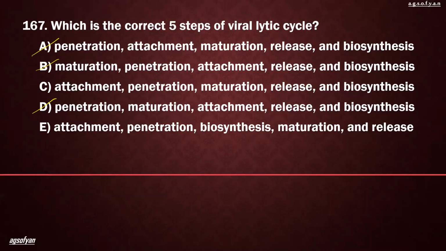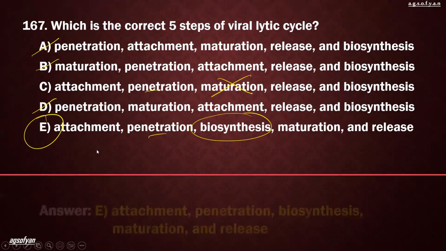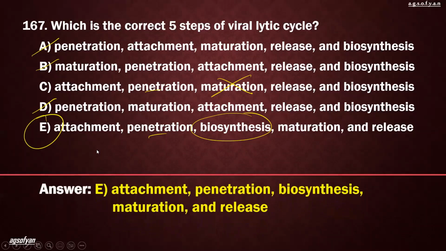Penetration. After penetration, it's going to be biosynthesis first, because maturation means after synthesis you get mature, and then release, of course. So this one is not correct, and you have the correct answer here. Again, this is how to eliminate the wrong choices to get the correct choice. Okay, next.